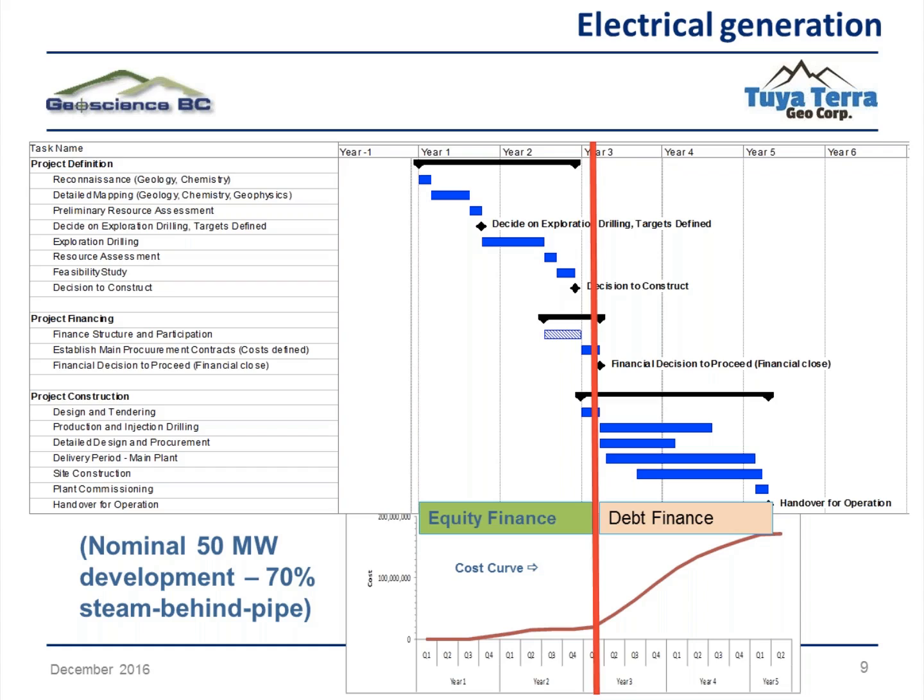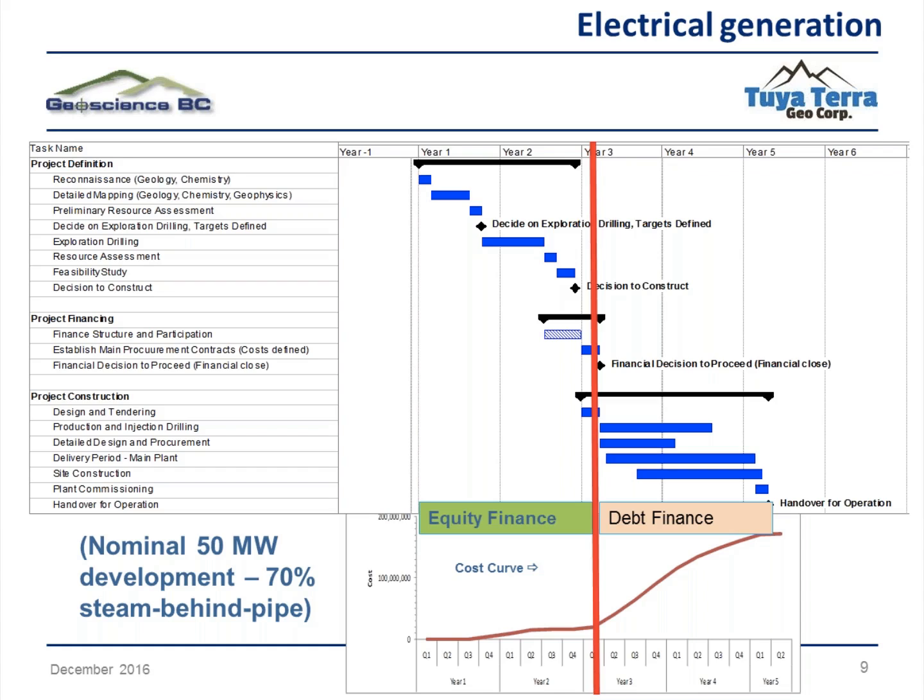In geothermal, unlike in wind and solar, that red vertical bar is set at a very high rate. You may have to spend many millions of dollars in order to drill and prove that you have a resource before you can go to the bank for debt financing.